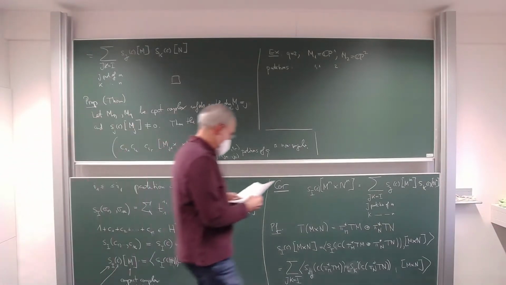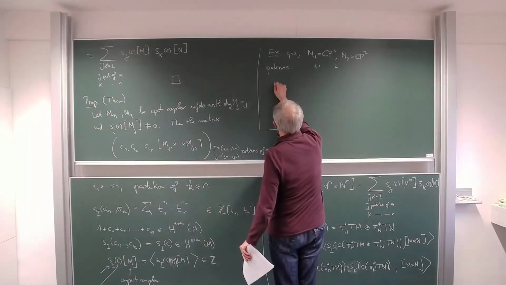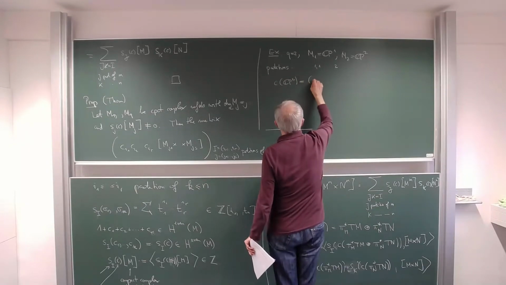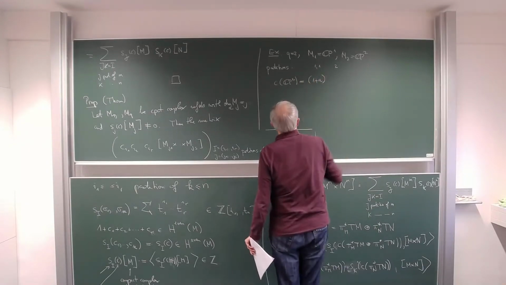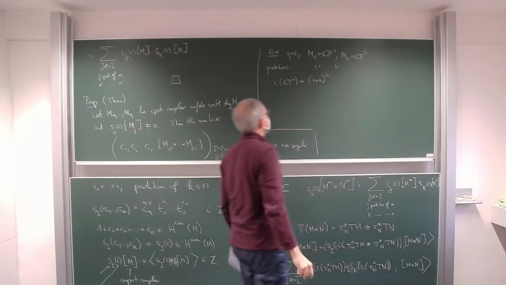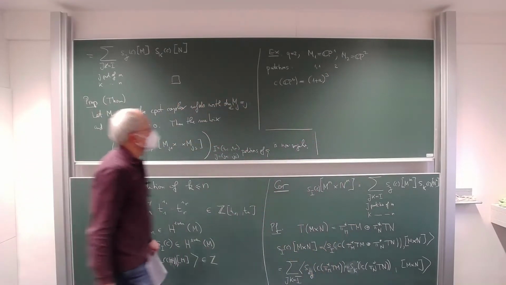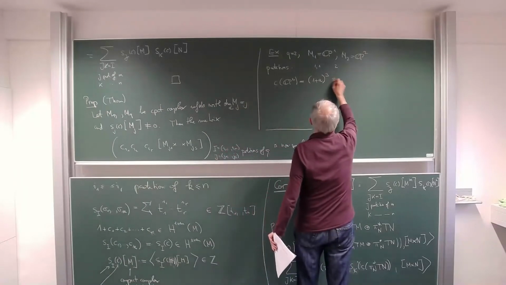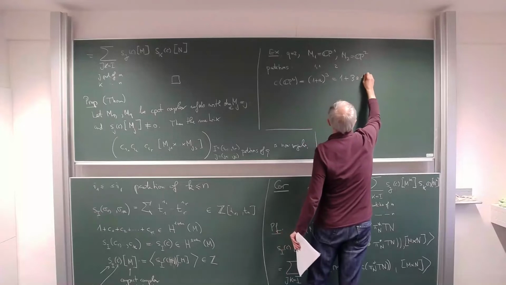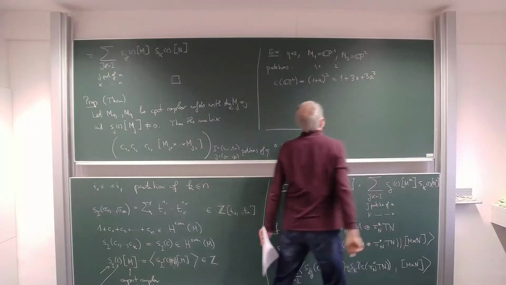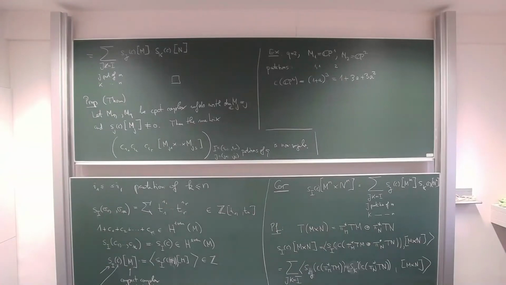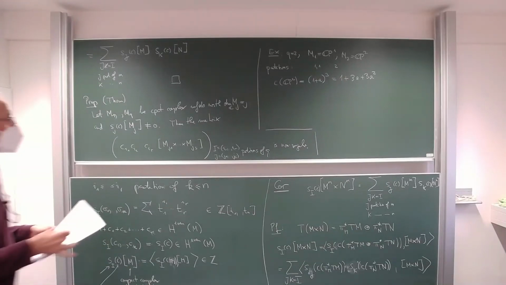So let's see. Remember the Chern class of CP2. This we know, that's 1 plus the generator of second cohomology, A, to the third power. If we spell it out, then I get 1 plus 3 times A plus 3 times A squared, and A cubed is already 0. So that's the Chern class of CP2.